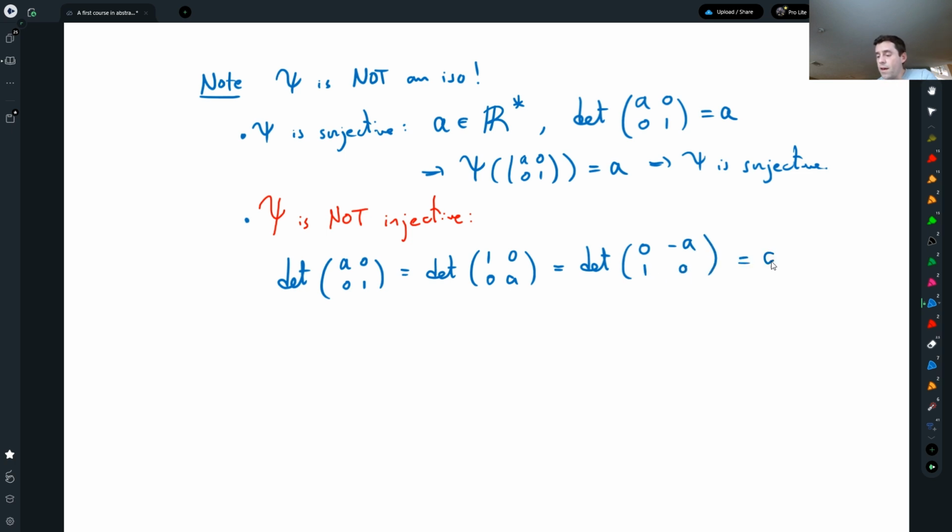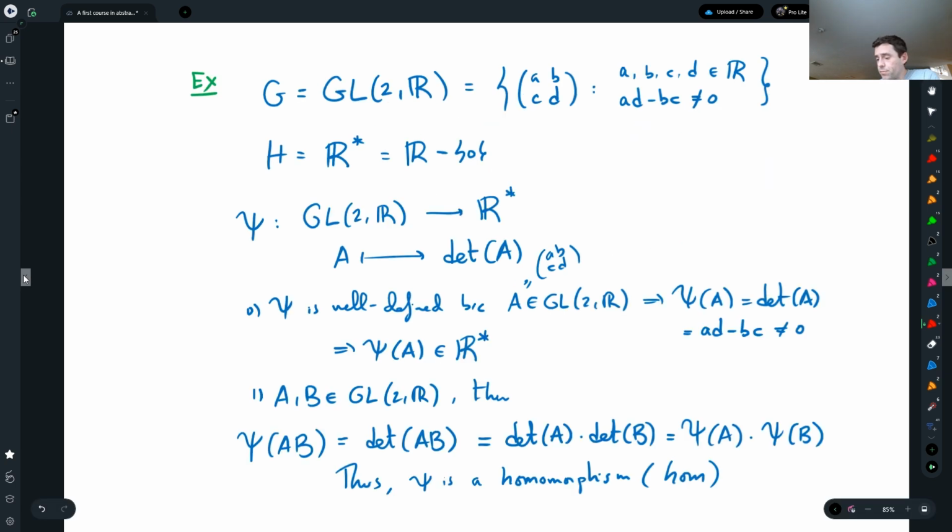That is all A, and therefore psi is not injective. So it is not an isomorphism, but it is still a homomorphism. And this map will be interesting. We'll see why in a moment, because of the properties of homomorphisms.